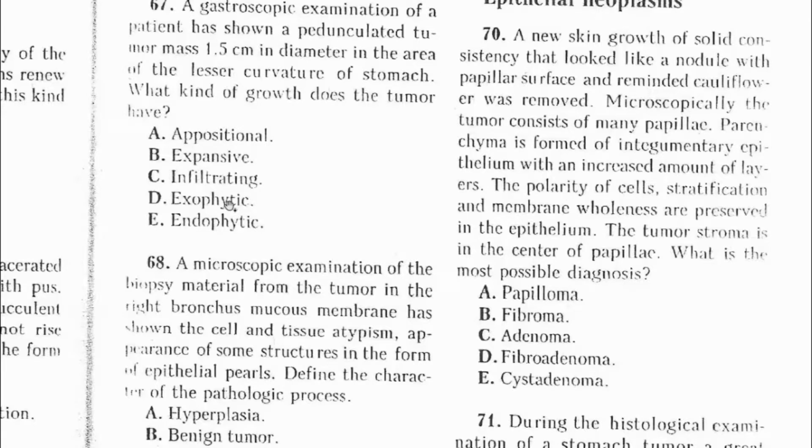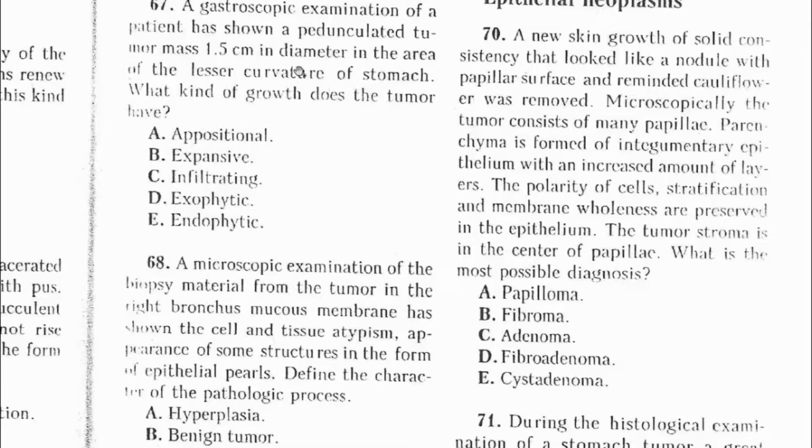Now let's look at the exophytic. This is an expansive growth of tumor to the cavity of the organ. Now, endophytic. This is an infiltrating growth of tumor deep into the wall of the organ.